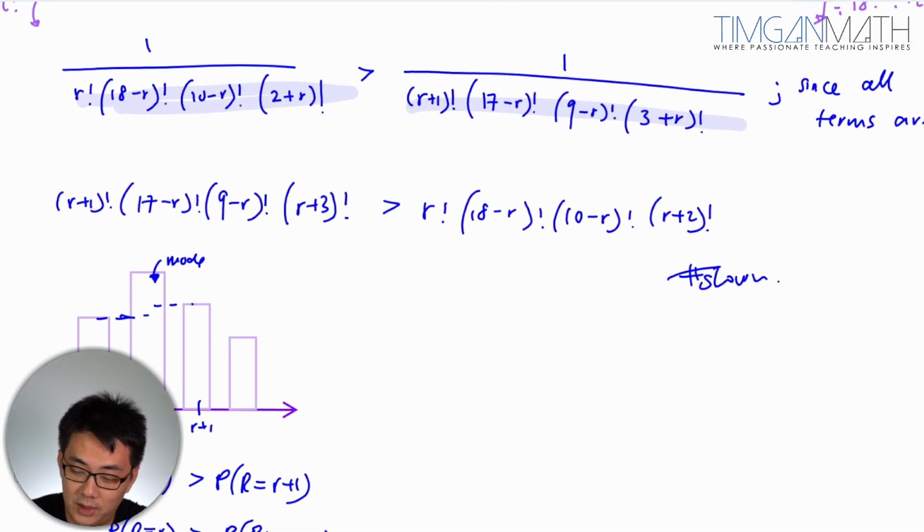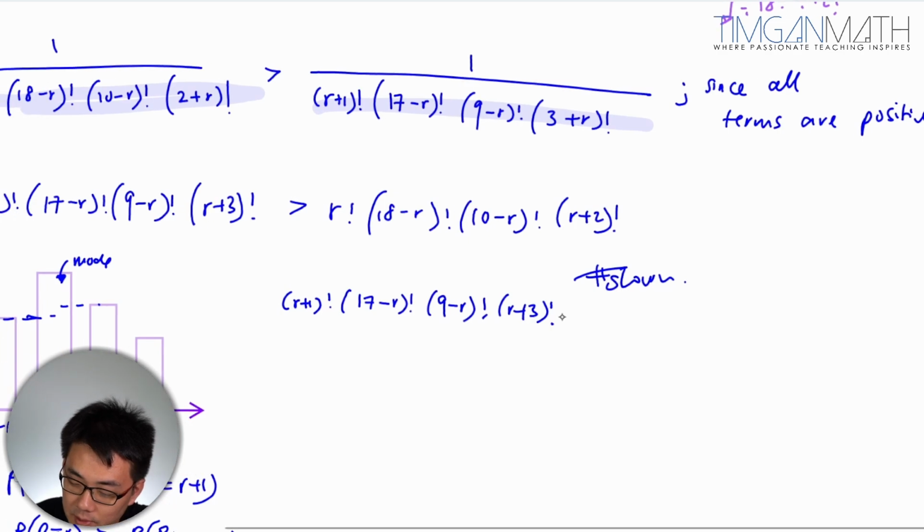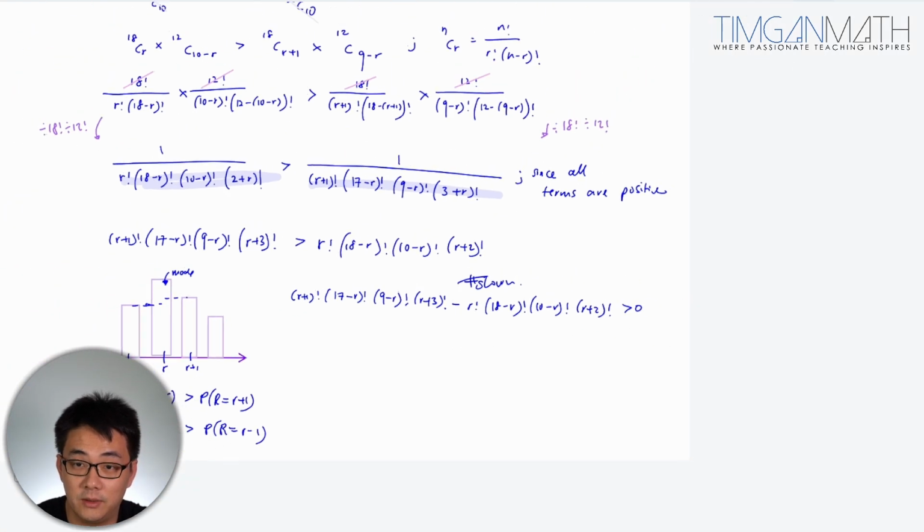Solving this inequality may seem a bit tough, so I'm going to key it into the calculator. I just bring it over to the other side, because I just want this to be positive for the r.